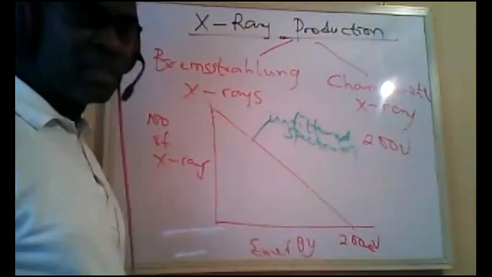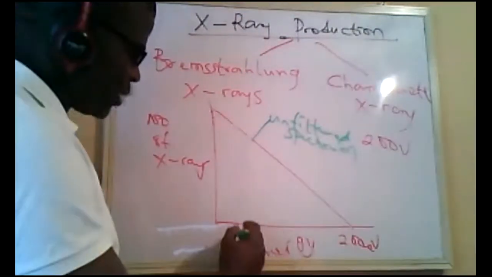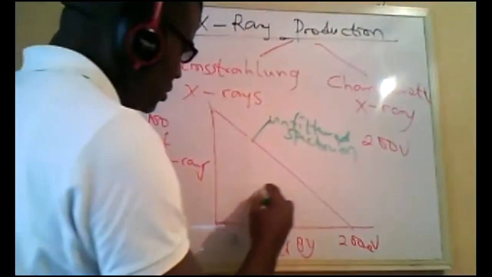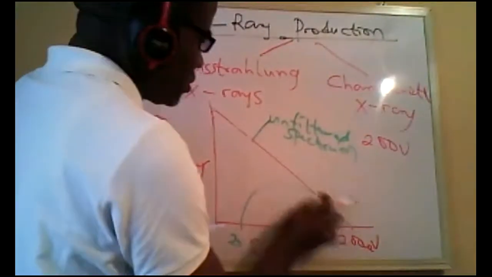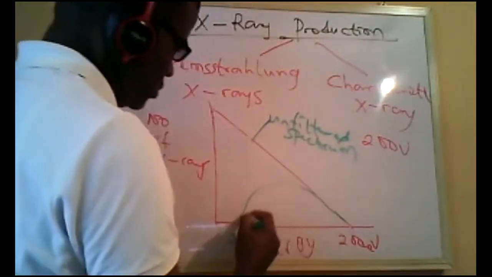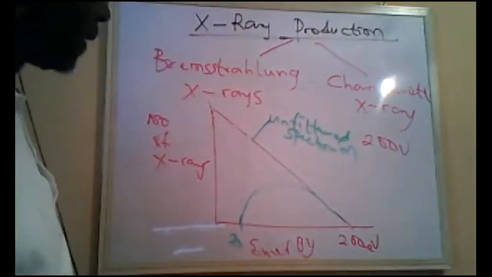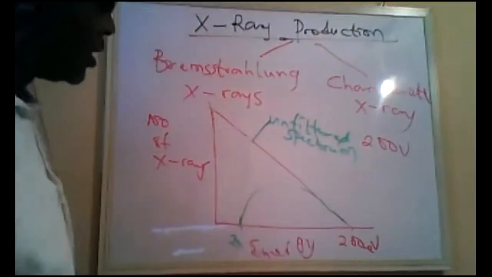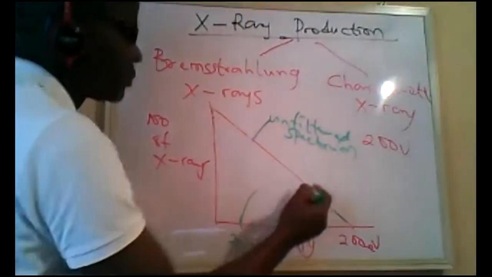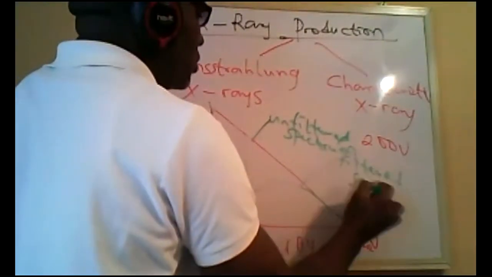Assuming you have a filter that removes energy from 0 to 20, let's say this is 20 electron volts, the spectrum becomes this way. So this is our filtered spectrum.